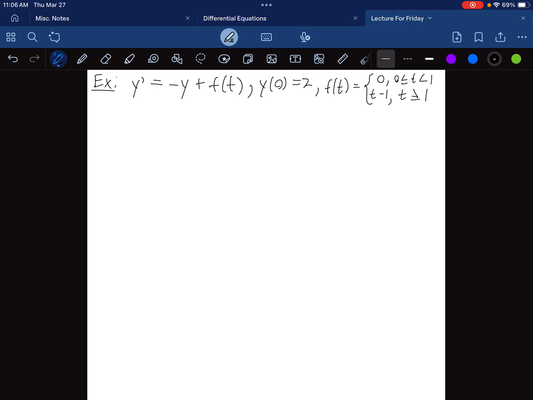And remember last time, we rewrote f of t as the unit step function. It'll be u sub 1 of t, times t minus 1.